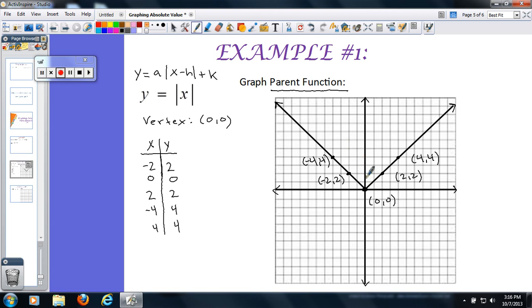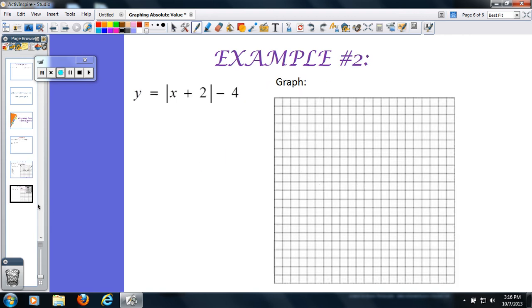Okay, they will be variations of what we do here. We could squish the graph and make it wider. We could translate the graph so we could move it to different spots. It's all going to be based off of this right here. Okay?